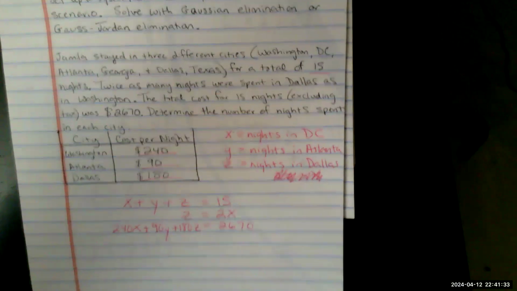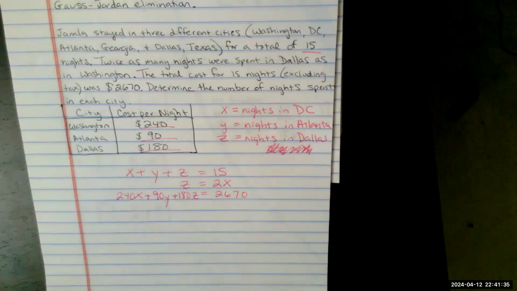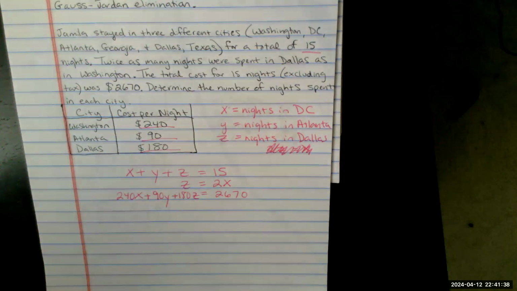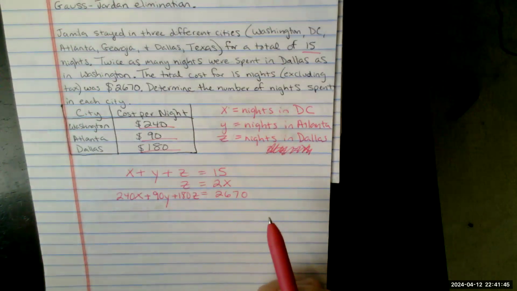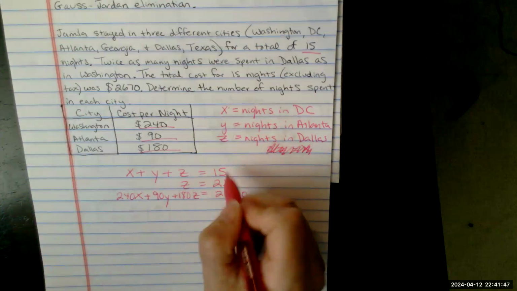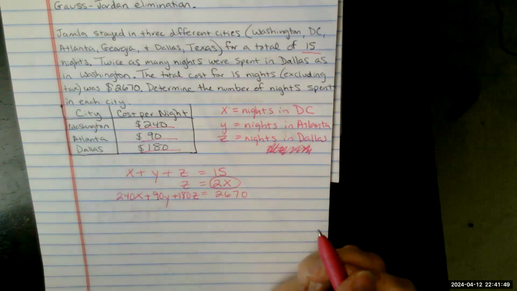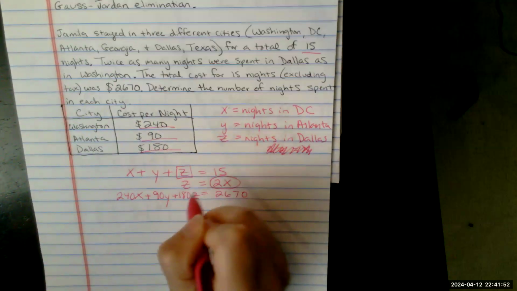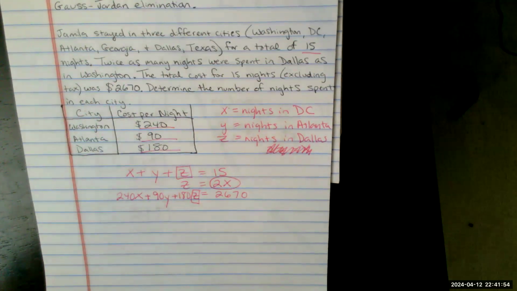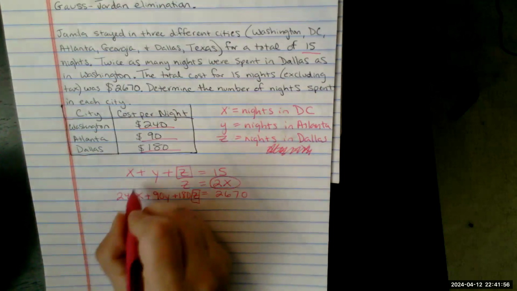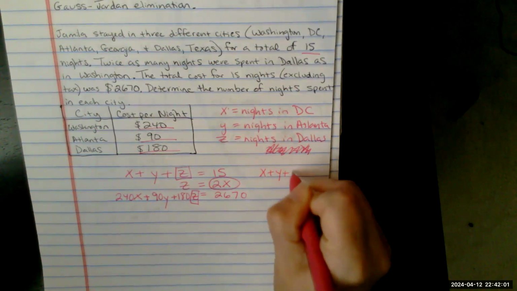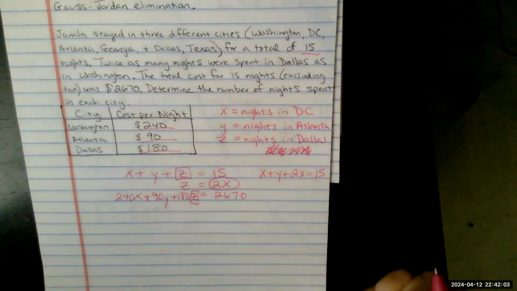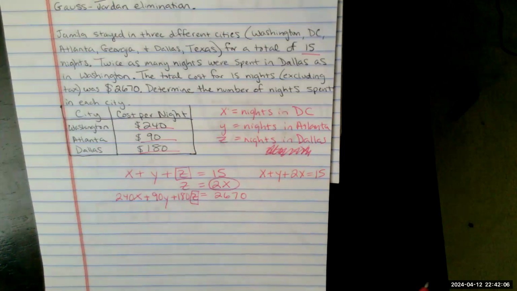So they want us to do this with the ones and the zeros, but you don't really have to. I can't help but look at this and think I would immediately just start substituting. Because it says right here that z is the same thing as 2x, I'm going to replace the z's with 2x. So when I do that, the top line becomes x plus y plus 2x equals 15. So you see I'll be able to put those x's together.